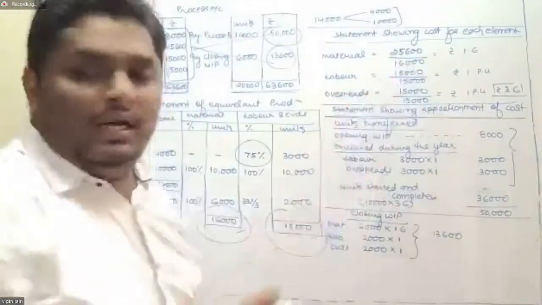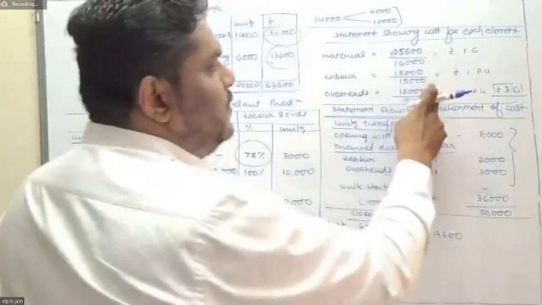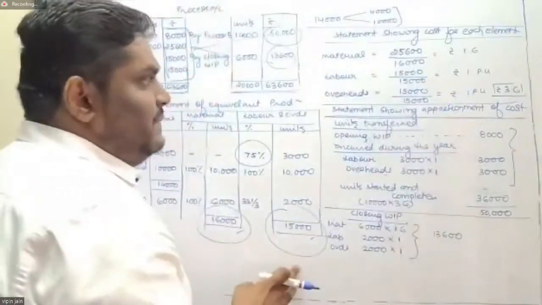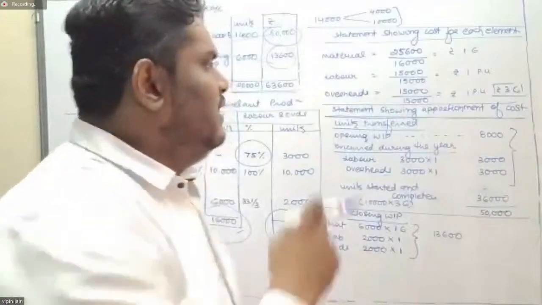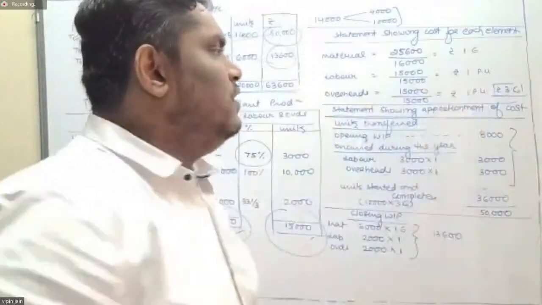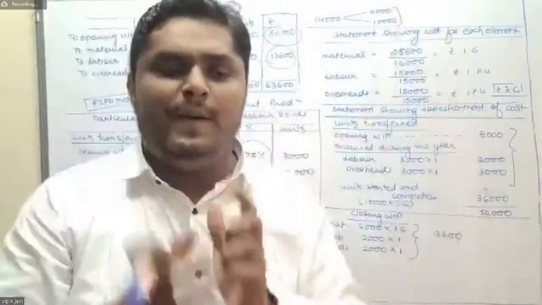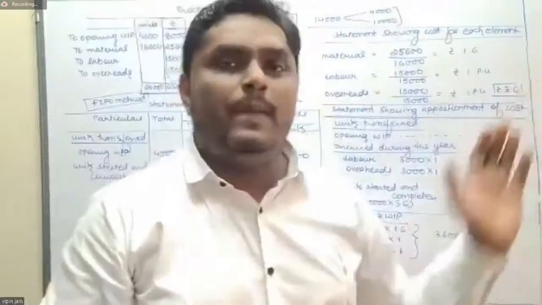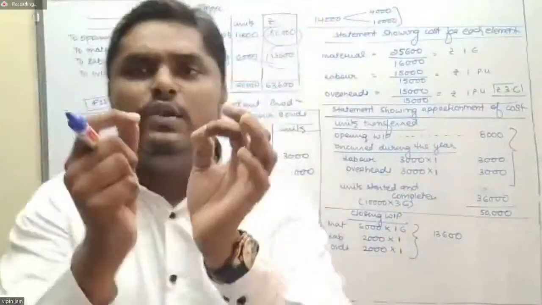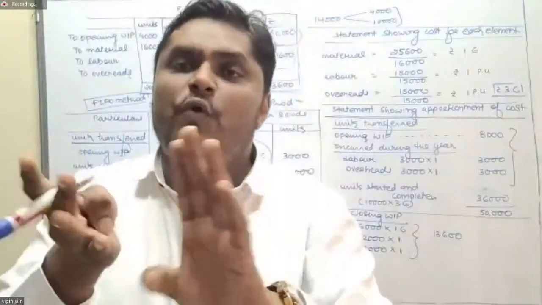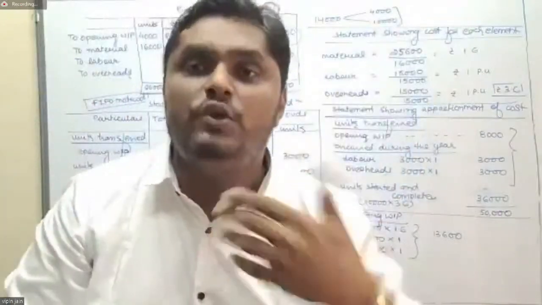Similarly, for labor, the total cost incurred in this year is 15,000 divided by equivalent number of units, that is 15,000. And similarly, for overheads also, 15,000 is the cost that is incurred during this year divided by 15,000. So this is how we got rupees 1 per unit. Now we have calculated the cost per unit. Now statement showing apportionment of cost. As I told you, these 14,000 units that are transferred, of this 4,000 are from opening work in progress and 10,000 units are processed during this year.